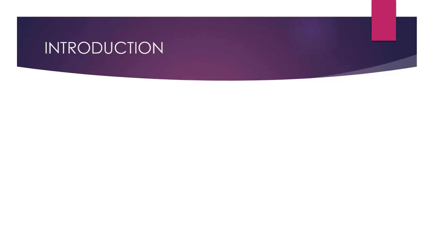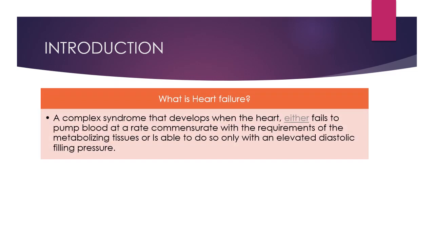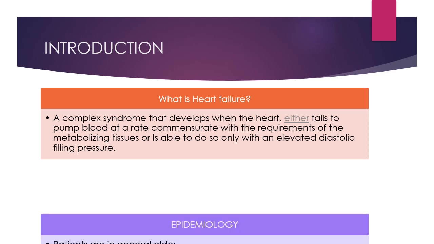Just to have a quick recap of what we have learned so far, we know that heart failure is a complex syndrome that develops when the heart either fails to pump blood at a rate commensurate with the requirements of the metabolizing tissues or is able to do so only with elevated diastolic filling pressures.